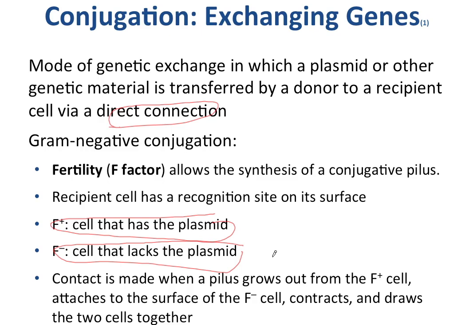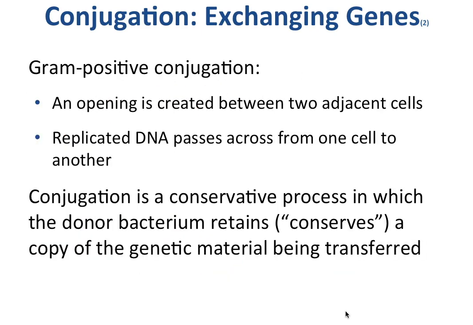So once the pilus is made from the donor cell, it can attach to the recognition site of the recipient cell and draw the two cells together and make a tunnel between these two cells. Okay, and so the cellular contents can be exchanged with each other.